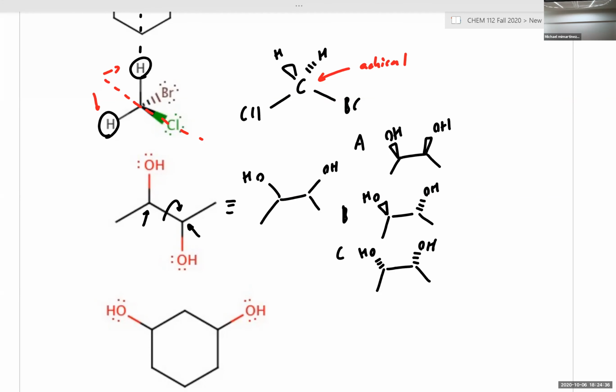Just your first impression, your first guess. Which of these molecules would you expect to be genuinely chiral?